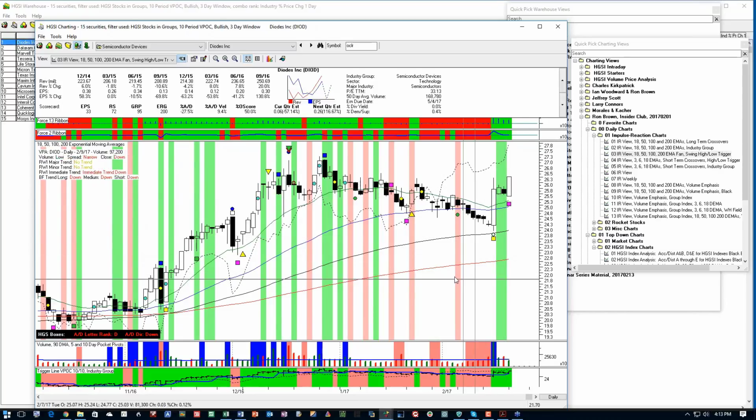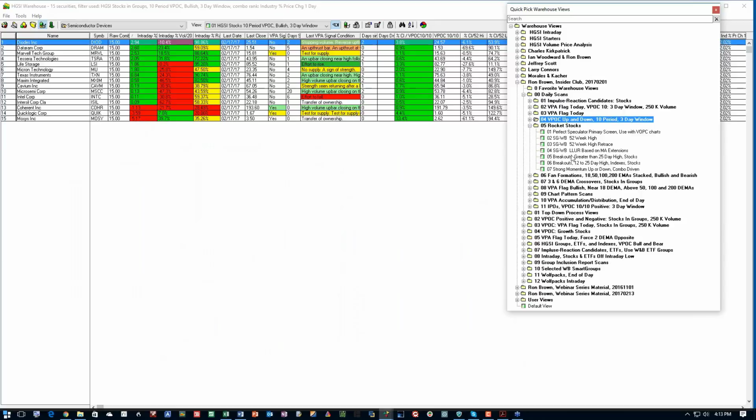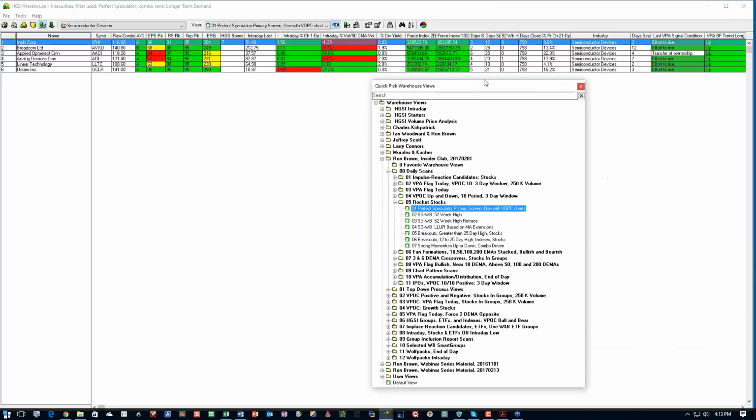Also, I will point out, I haven't talked about this yet, but I'll wait till I get to that. Okay, so let's move on down the list a little bit. Rocket stocks. I call these the Perfect Speculator Primary Screen. This is a little $3 or $4 book you can buy on Amazon. It looks for stocks that are either breaking out to all-time highs or actually 3.2 years is the minimum.